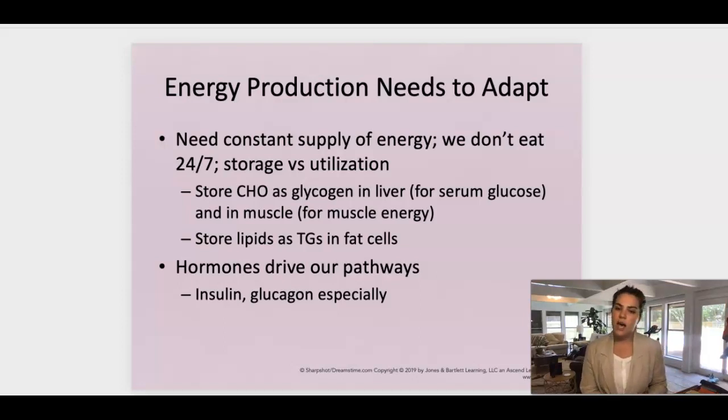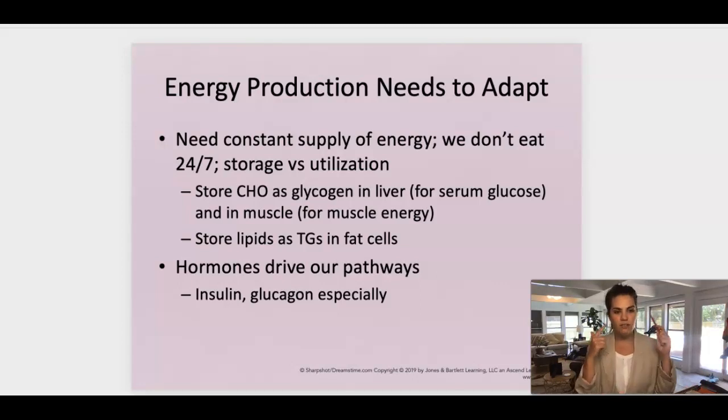And on top of that, our hormones are in the driver's seat to tell which pathways are going to be utilized at that time. Are we going in that anabolic direction, or are we going in that catabolic direction? Okay? Specifically, insulin and glucagon. You've probably heard of insulin and glucagon several times.